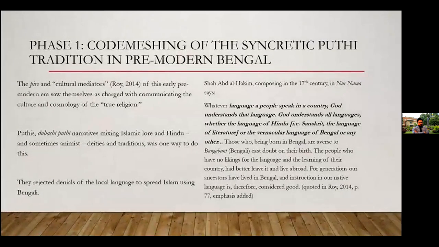So during the first phase of the 16th to the 18th centuries, the texts during that time exhibited a sort of code meshing that was common in that time. So the tradition of Puthis, which is what I showed earlier, is a common cultural and literary performance among the Muslims of India, and they show that language ideologies of code meshing were very much extant at that time.